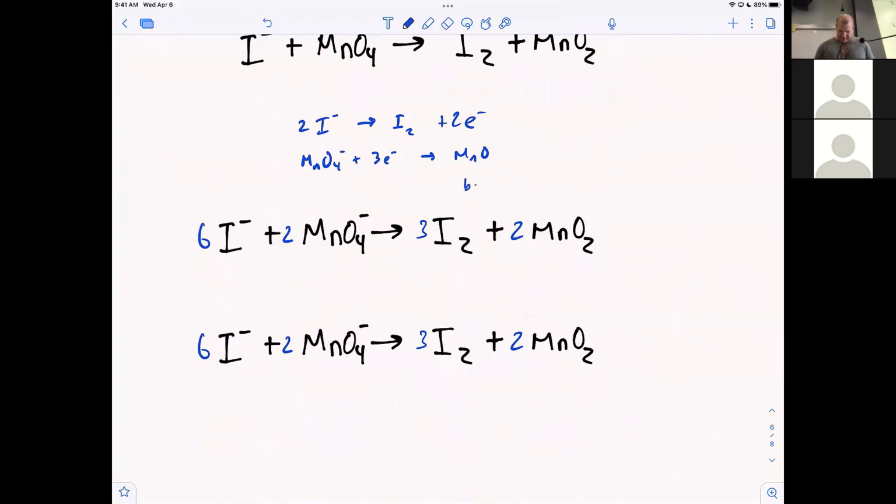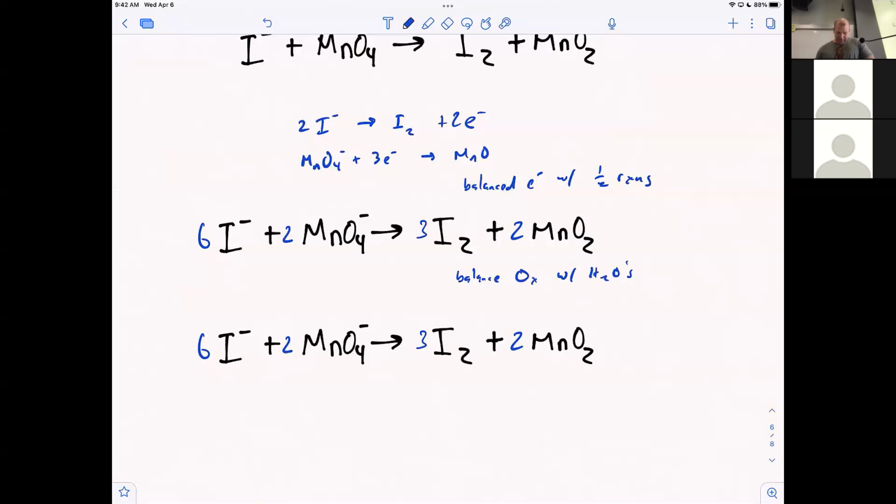So we've balanced the electrons with half reactions. Now we need to balance oxygen with H2Os.